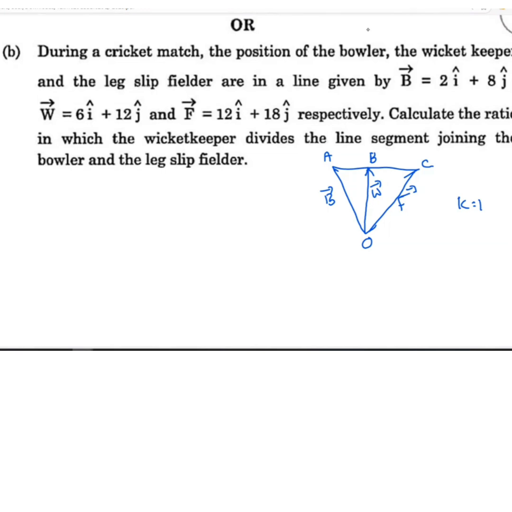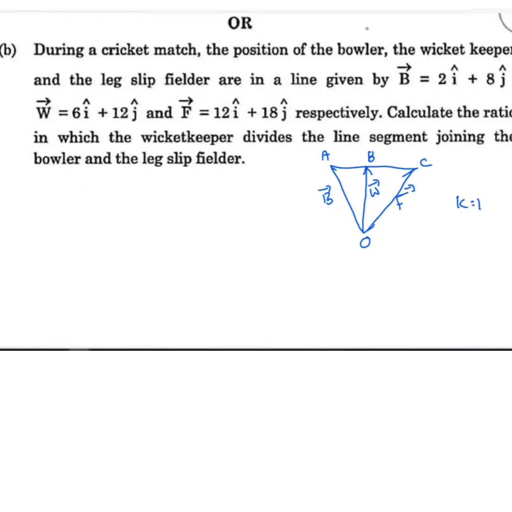So now we have K plus 1 into OW vector equals, by taking the section formula, which we can write as the midpoint formula, OW vector equals M OF plus N OB vector divided by M plus N.